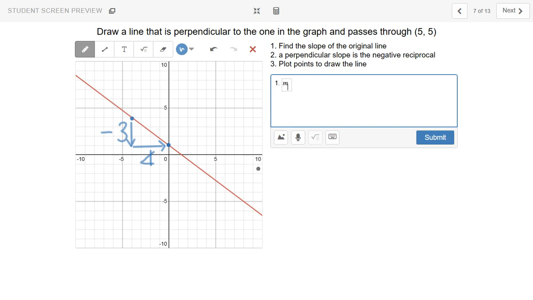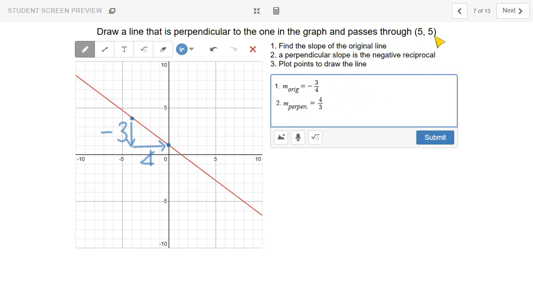Okay, original slope is equal to -3/4. The new slope, which is perpendicular, is going to be the negative reciprocal. I have a positive, and it'll be +4/3.